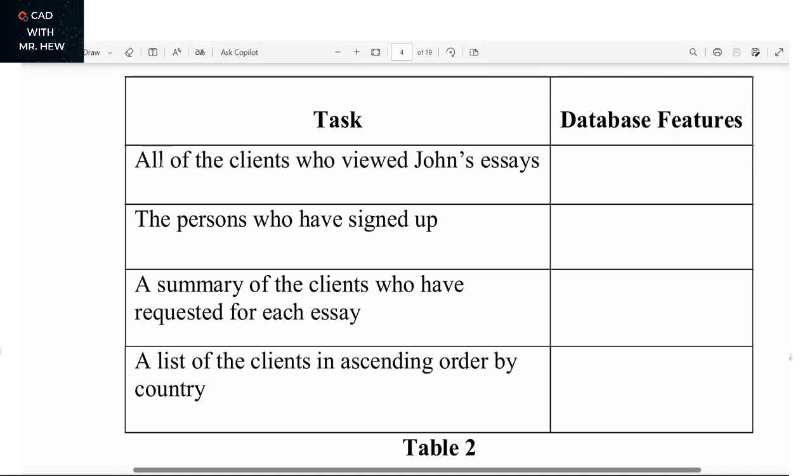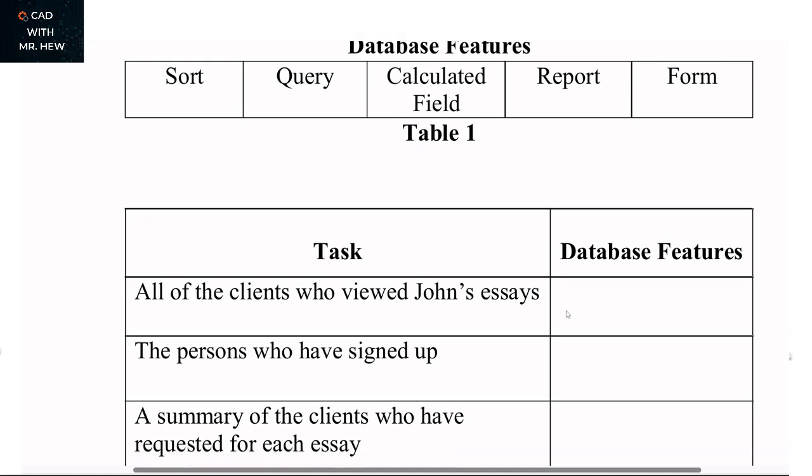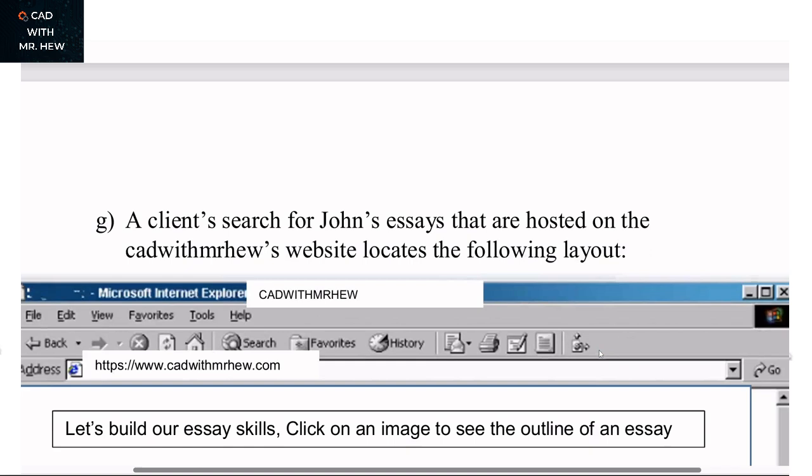So the first task that is listed states all of the clients who viewed John's essay, the persons who have signed up, a summary of the clients who have requested each essay, a list of clients in ascending order by country. So you would use these database features to complete Table 2. So you use a pen to complete the table.